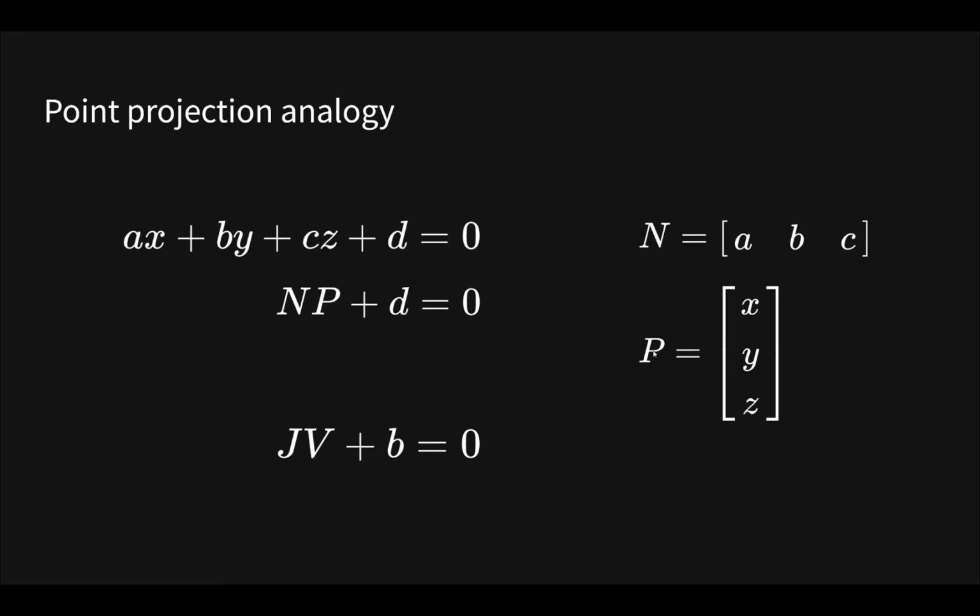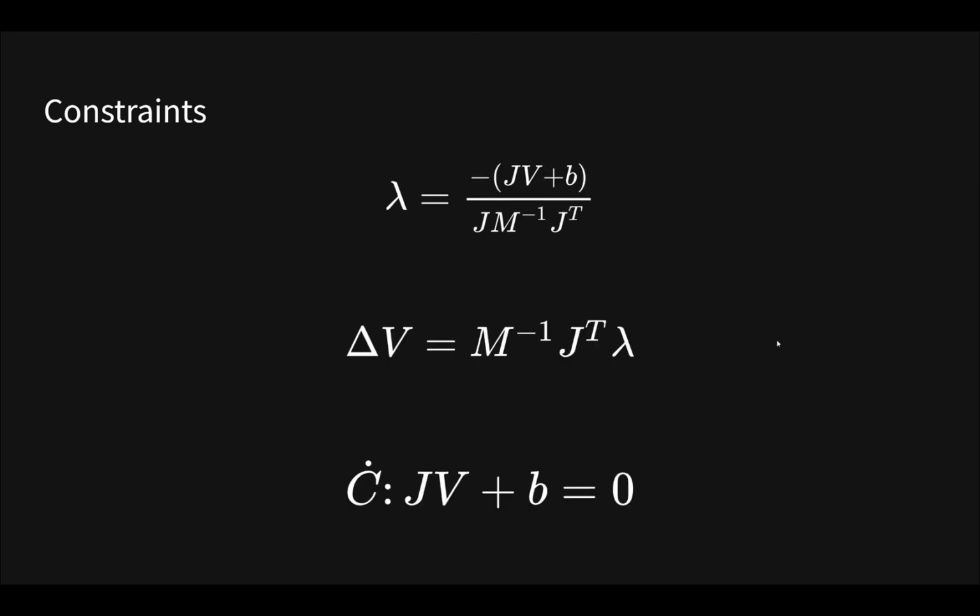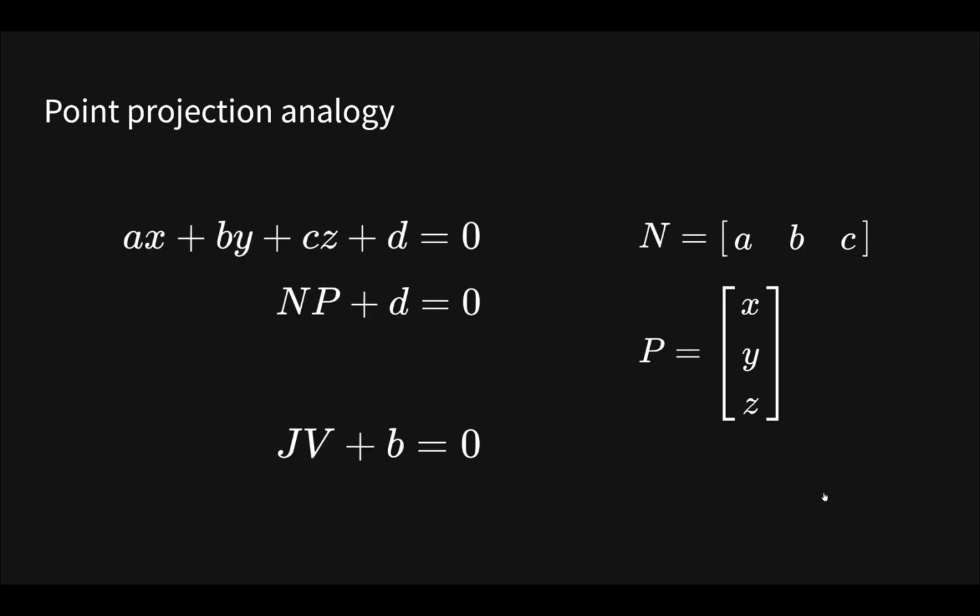So if we have a point that isn't on the plane, we can put it on the plane by taking the normal, proportional to some multiplier, which is similar to what we saw earlier with the Lagrange multiplier. The difference is, instead of just applying the Jacobian, because objects can also have different masses and different inertia tensors, we also have to modify this by the mass matrix, and this gives us the final equation. So I hope that made sense.